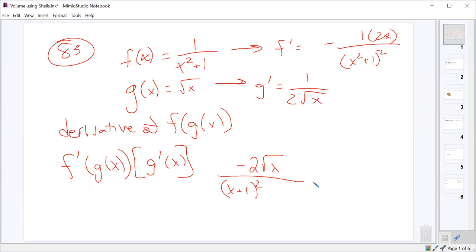And then we multiply that by 1 over 2 root x. The 2 root x's cancel, and we end up with negative 1 over x plus 1 squared, which hopefully is an answer choice. Is that an answer choice? Choice B, right? They've written it as negative x plus 1 to the negative 2.